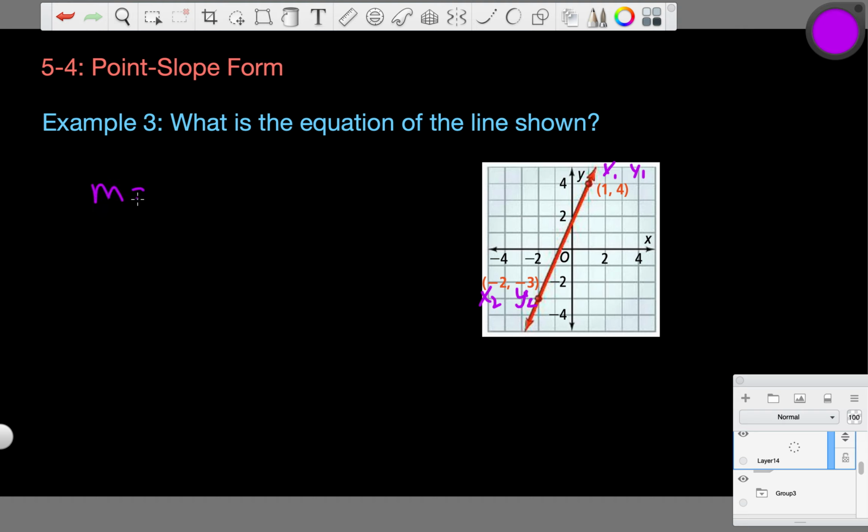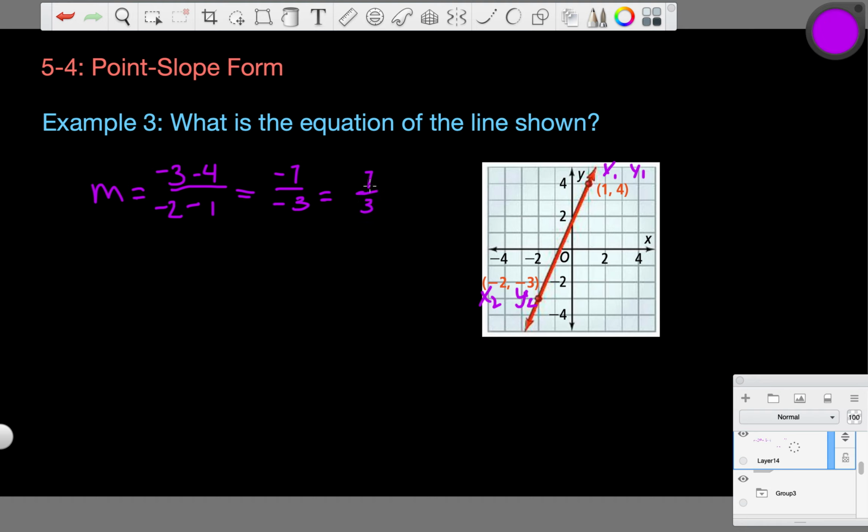So my slope, again, is y2, so -3, minus y1, which is 4, divided by x2, -2, minus x1, which is 1. So when I simplify, we get -3 minus 4, that's -7, divided by -2 minus 1, -3. So this simplifies to a positive 7 over 3.